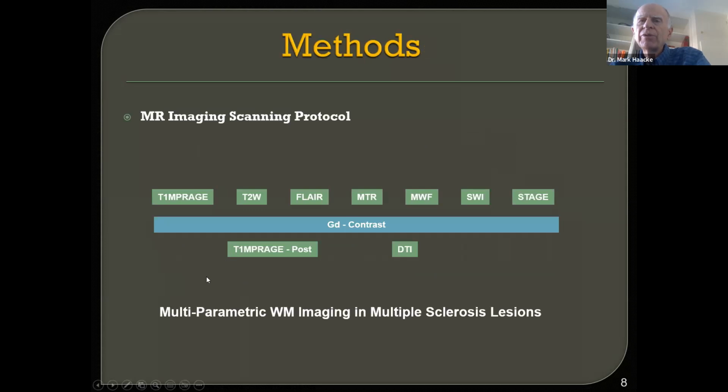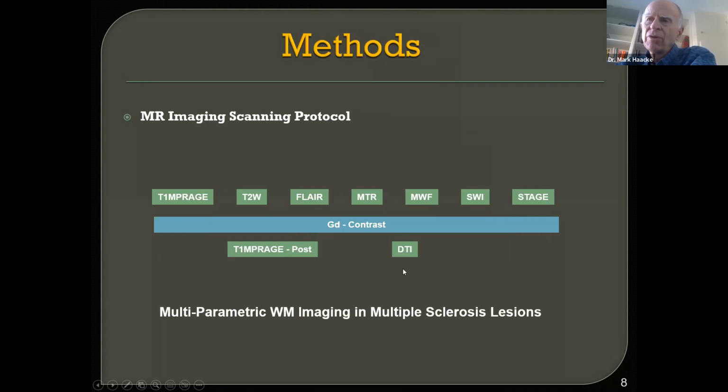The different sequences that we used were what we call T1 weighted sequences. This is a T1 MP RAGE, then a T2 weighted FLAIR, and then magnetization transfer contrast, myelin water fraction, which is considered very important for looking at demyelination, SWI, and then stage that I just introduced you to, followed by a contrast agent, followed by T1 weighting post-contrast to see if there's any leakage of the blood-brain barrier, followed by a diffusion tensor imaging acquisition.